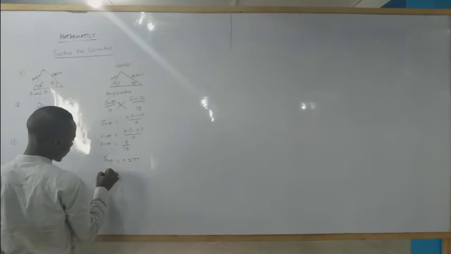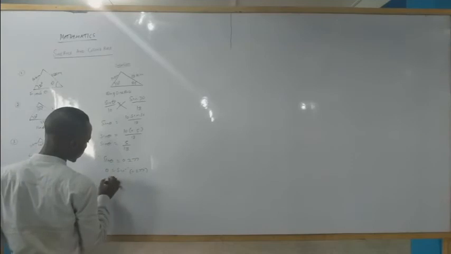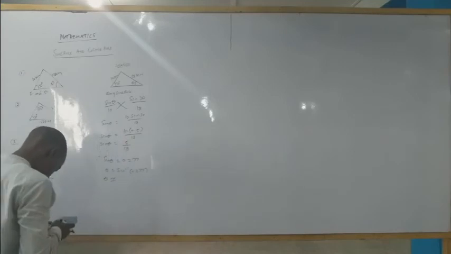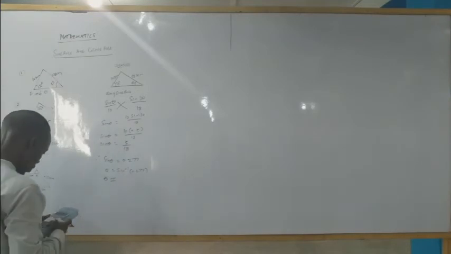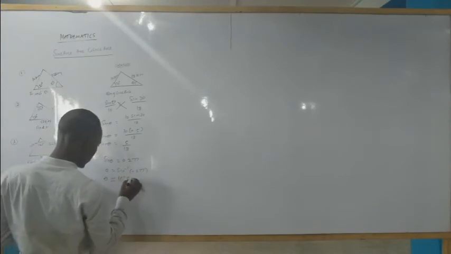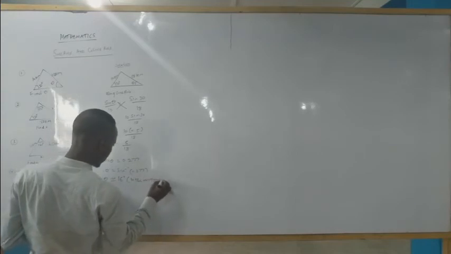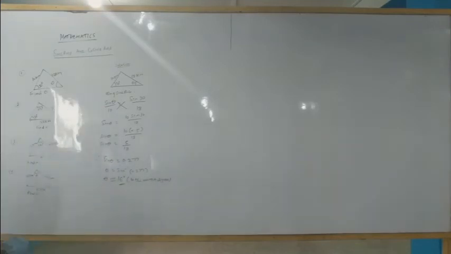Therefore, theta equals arc sine 0.277. So theta is approximately equal to 16 degrees to the nearest degree.